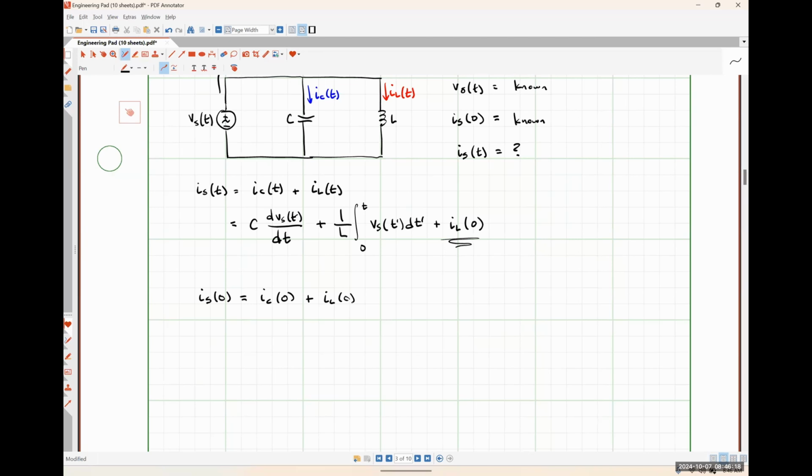So how do we find IC at 0? We literally just evaluate this thing at t is equal to 0. So we could rearrange this to find that IL at 0 is equal to Is at 0 minus C dVs by dt evaluated at t is equal to 0. And then we have all of the different parts that would go into our expression for Is.